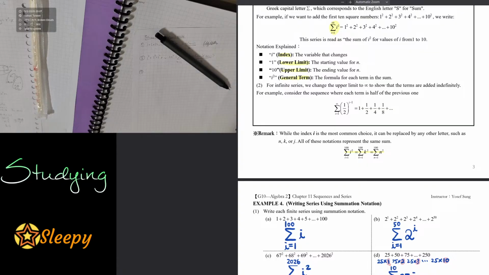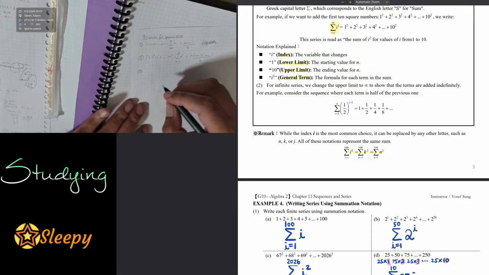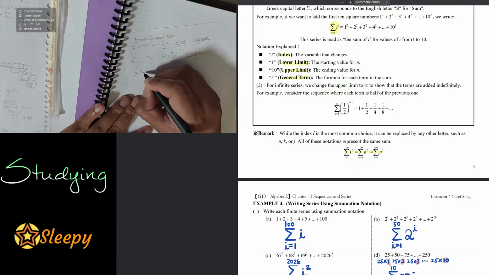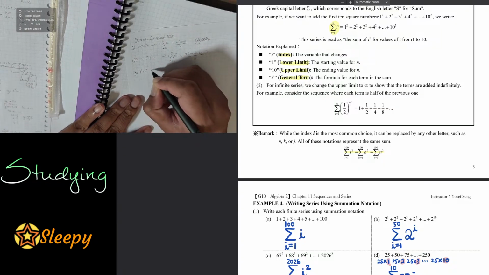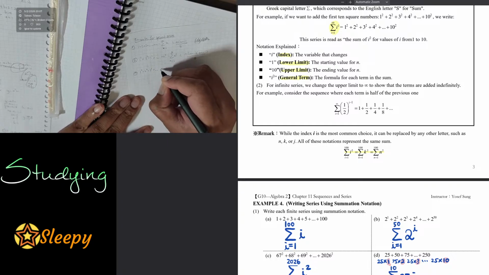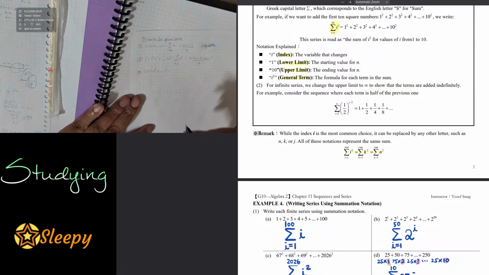The sum of cubes, so 1 to the third plus 2 to the third plus 3 to the third, etc. up to n to the third is sigma n, and then k to the third, and then k is 1, right?